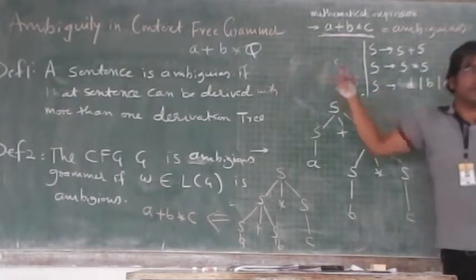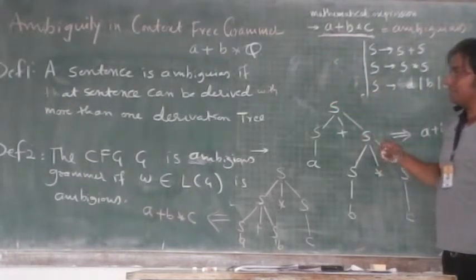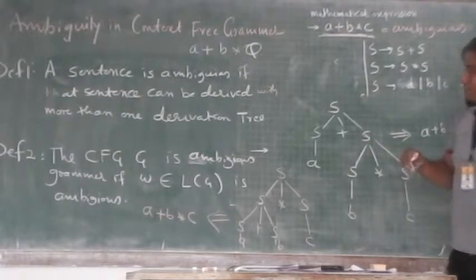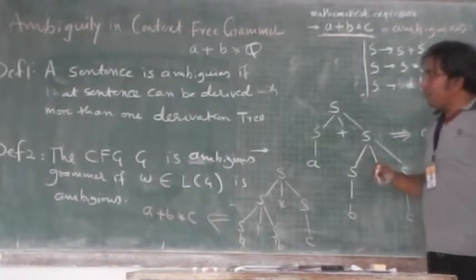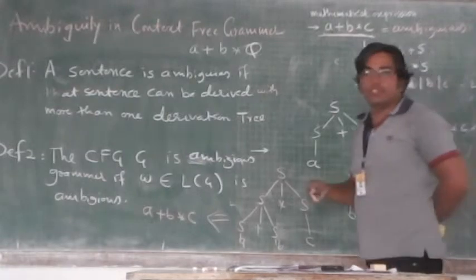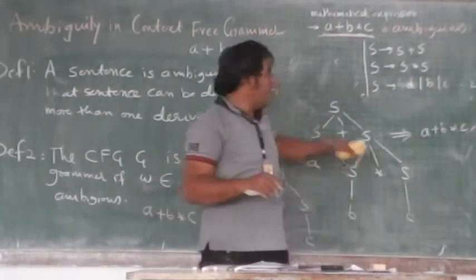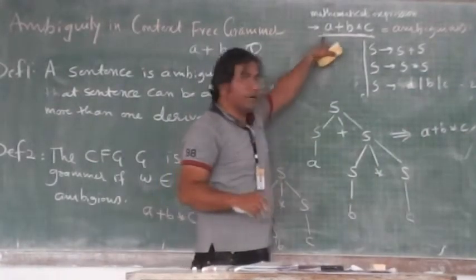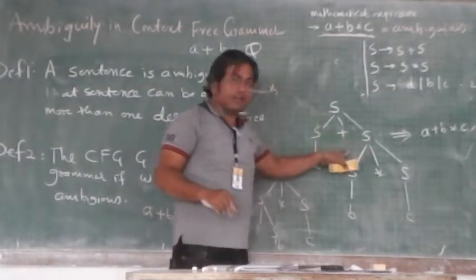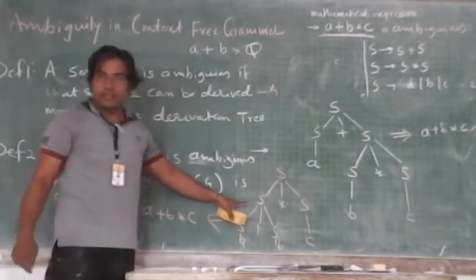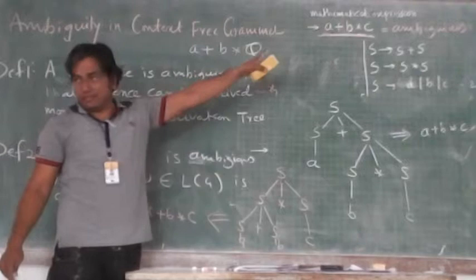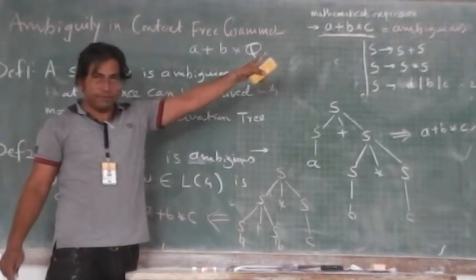Read the first definition. It says that a sentence is ambiguous if that sentence can be derived with more than one derivation tree. Here, for a particular string, I am able to have two different derivation trees. In that case, I declare such a string as an ambiguous one.